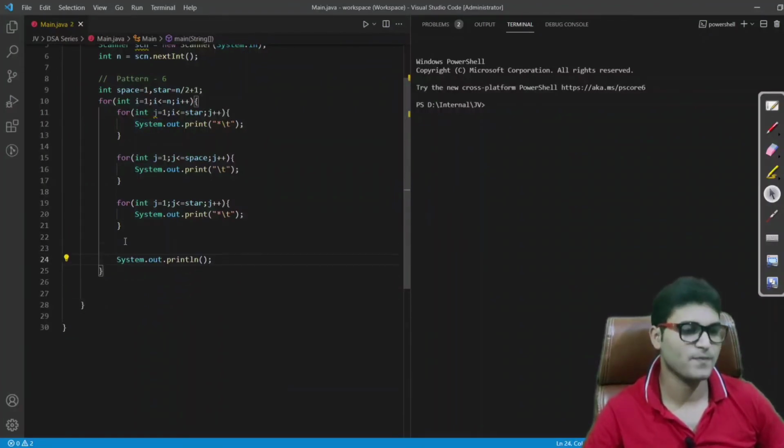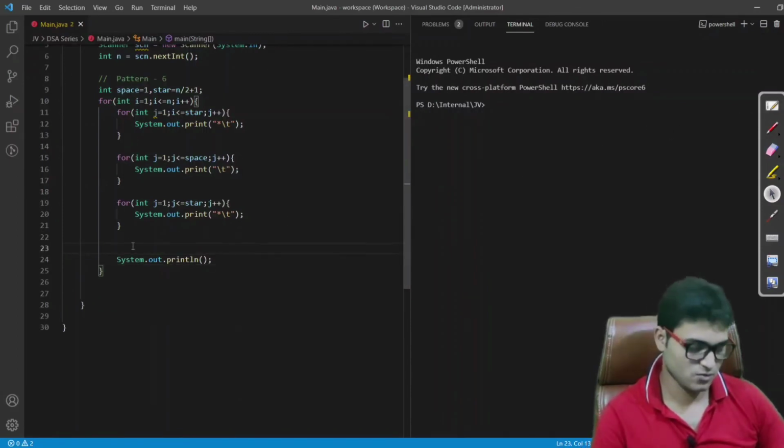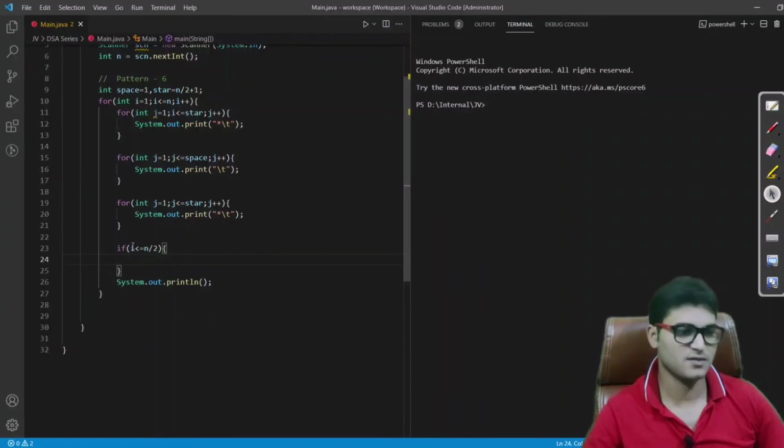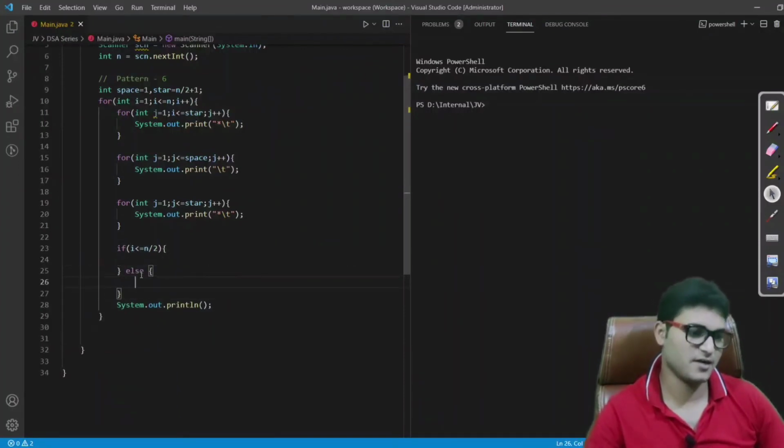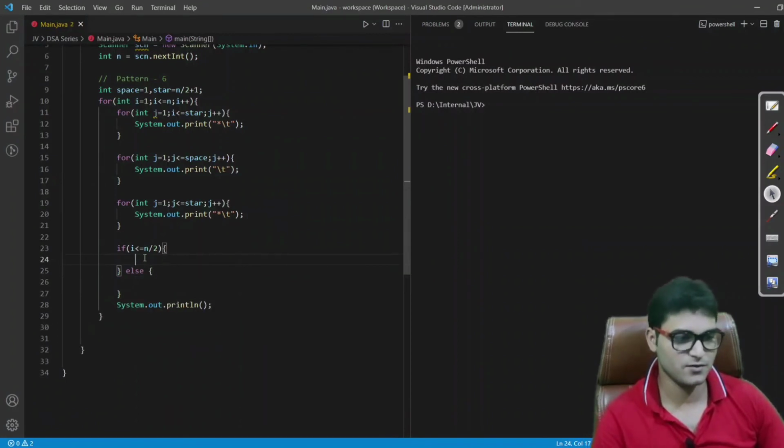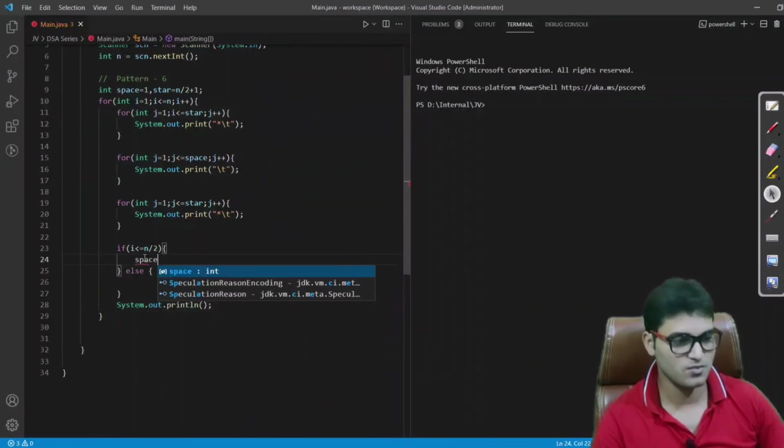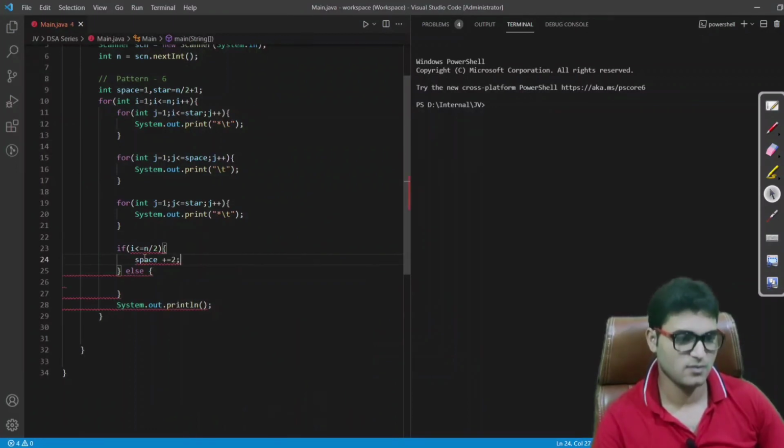It will break the line, but we need to increase or decrease our number of spaces also. We are iterating n by 2 for the first half, and the rest would be the second half. For the first half, we increase the number of spaces by 2 and decrease the number of stars by 1.